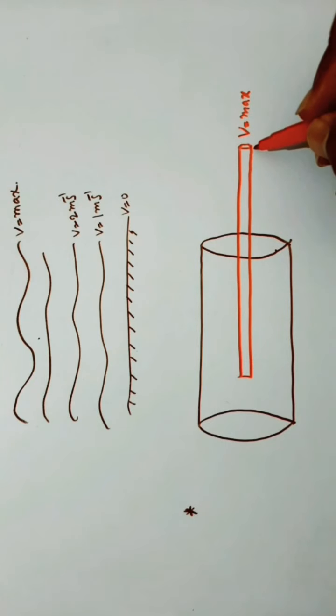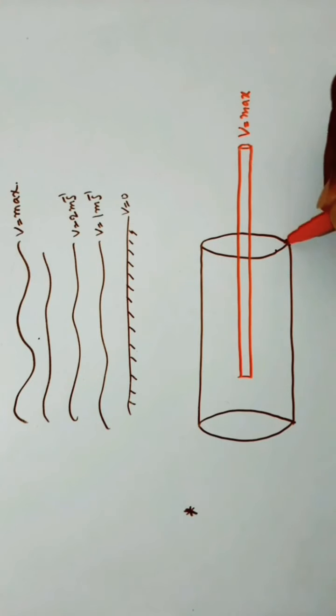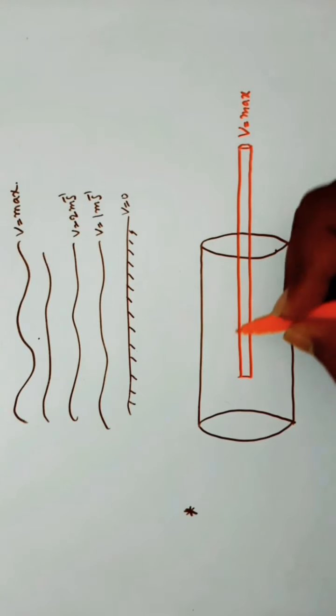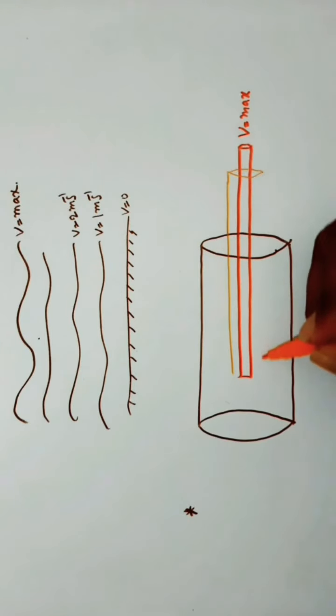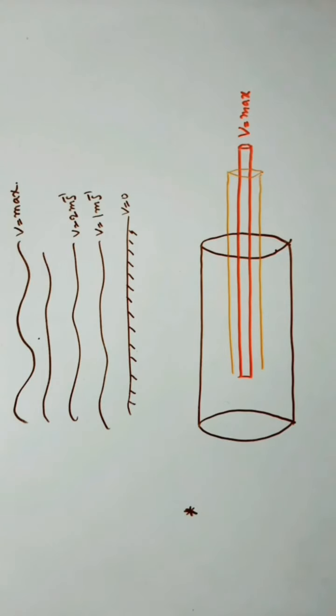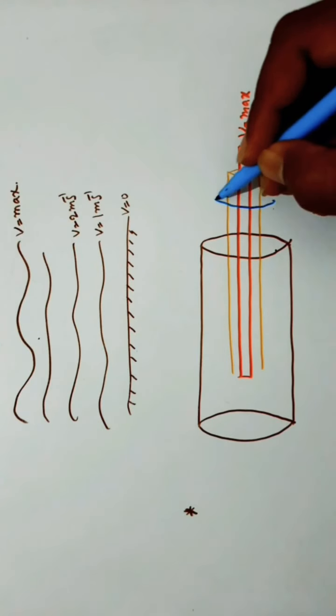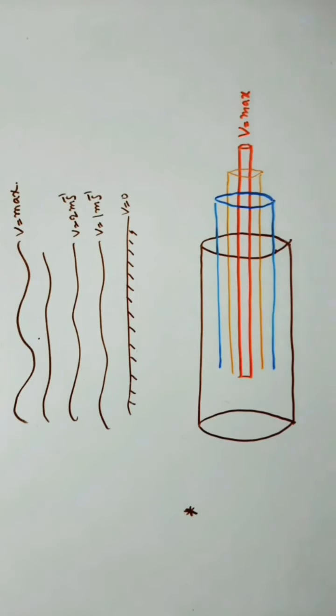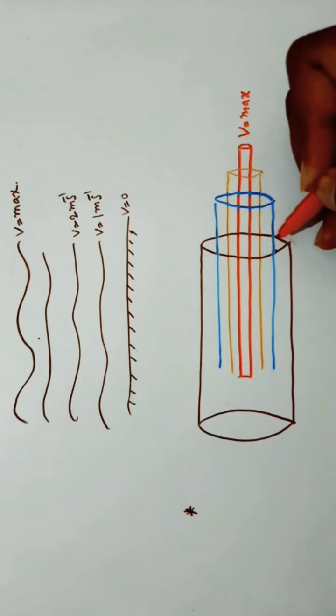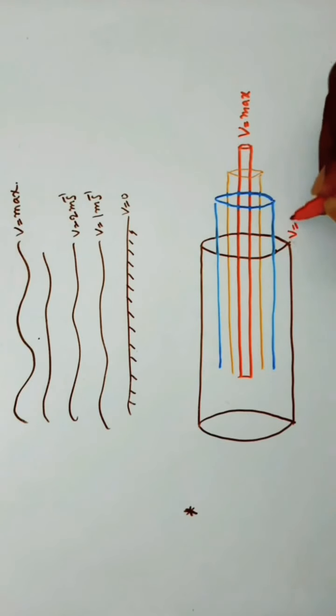The velocity decreases gradually as we move towards the walls of the tube. At the walls, the velocity becomes 0.